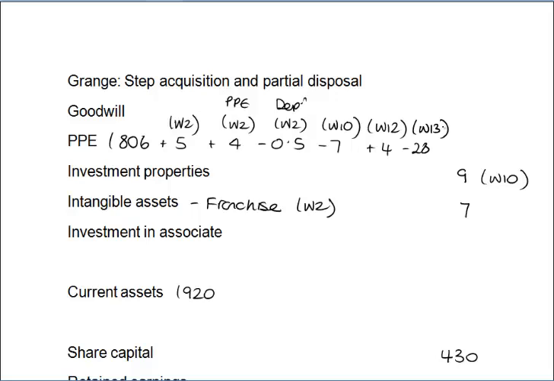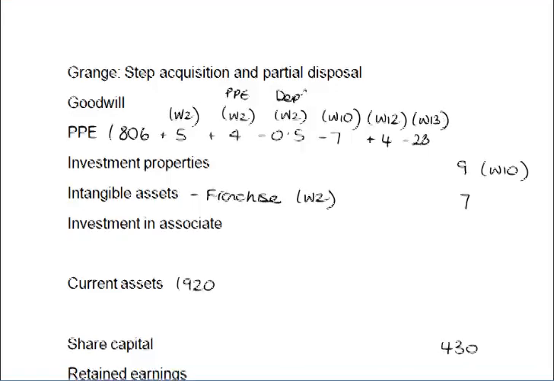And 28 million up here. Note 8 is our ethical issue. So we've now dealt with all of the numbers as far as the question is concerned.